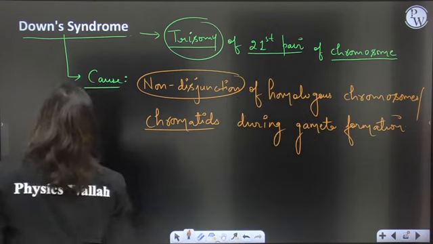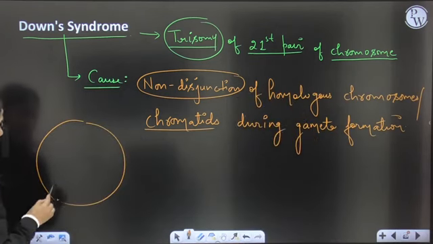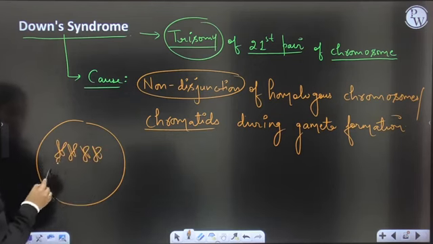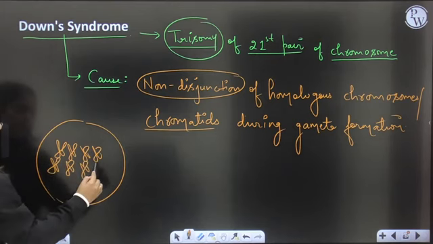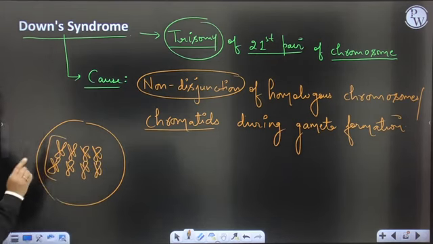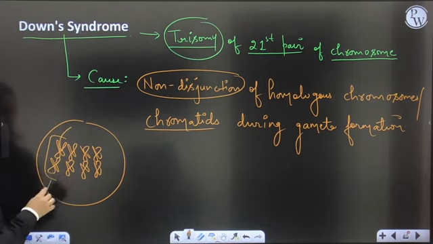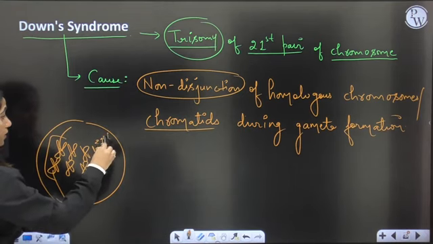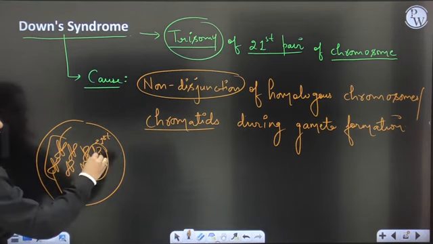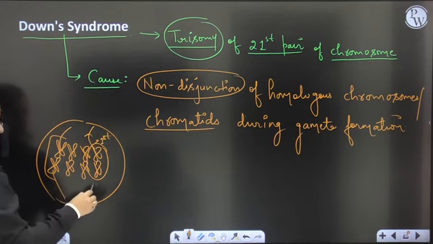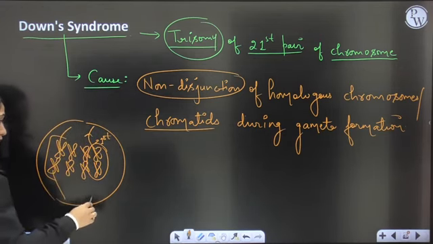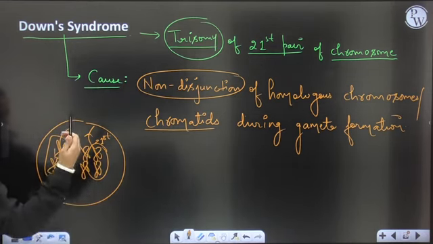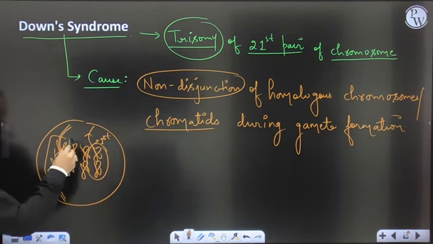Suppose for instance, during anaphase, the pairs of chromosomes are aligned like this, all the pairs are aligned like this. So in the first pair, everything is normal. One chromosome this side, one chromosome this side. But suppose in the 21st pair, both the chromosomes go to one pole, and to the other pole, nothing goes. So in every other pair, things are going normally. One this side, one this side.